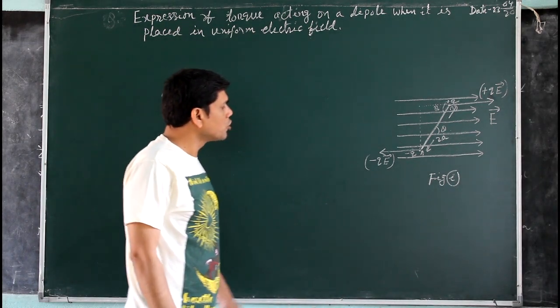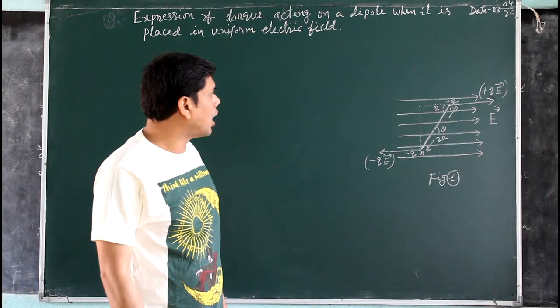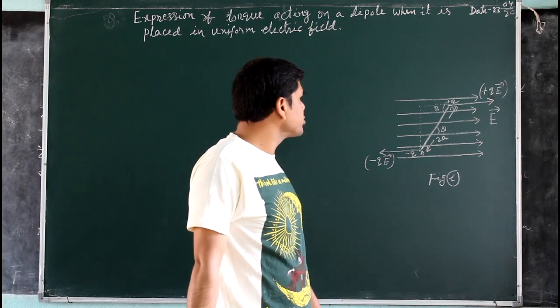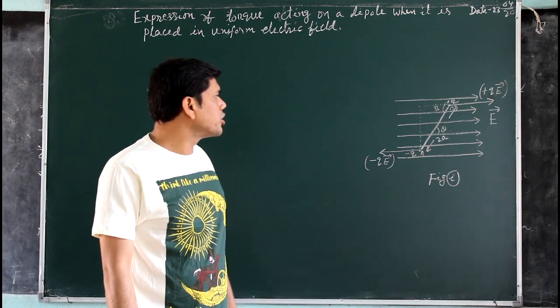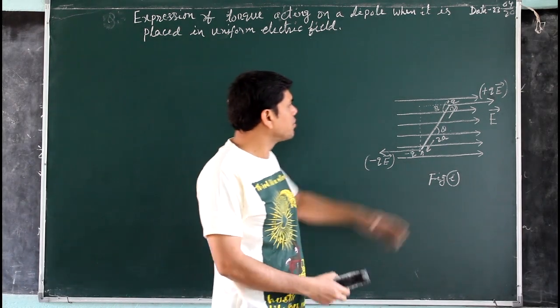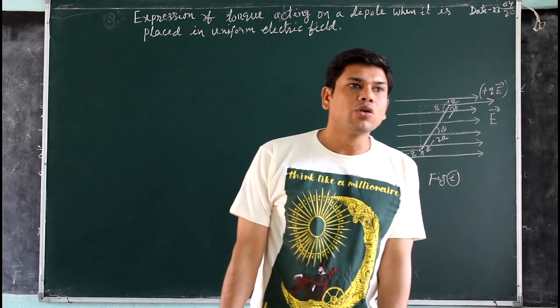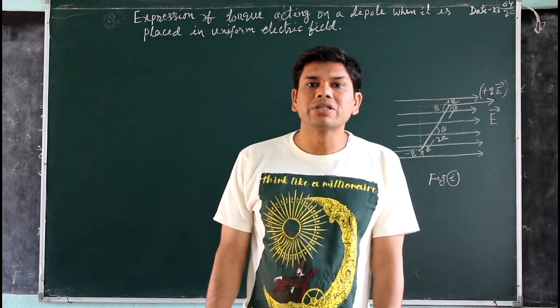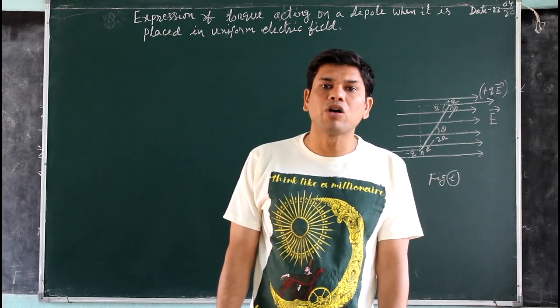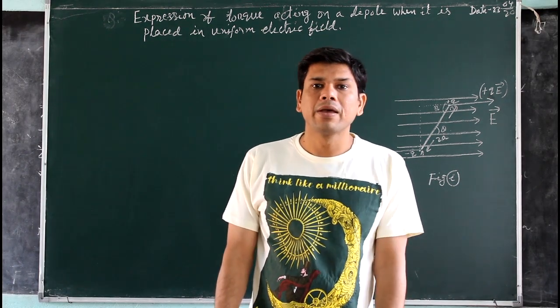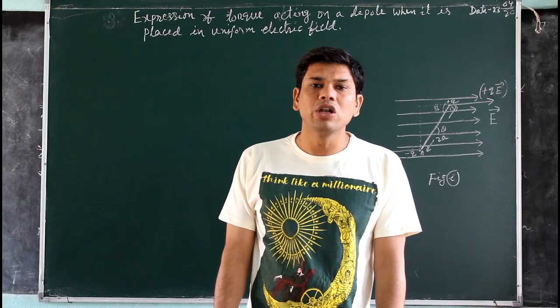So both the forces are equal in magnitude, but opposite in direction, and they are also parallel to each other. As already discussed, when two equal and opposite forces act on the same body, then torque will be produced.